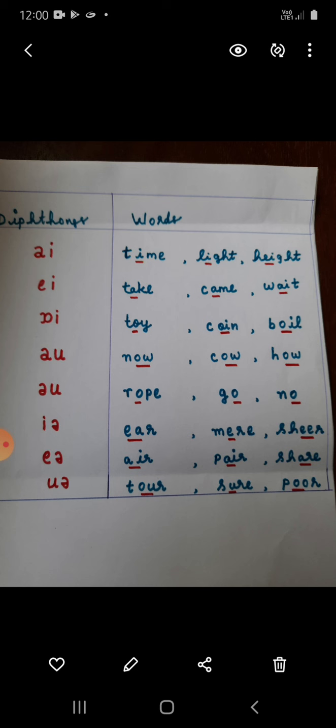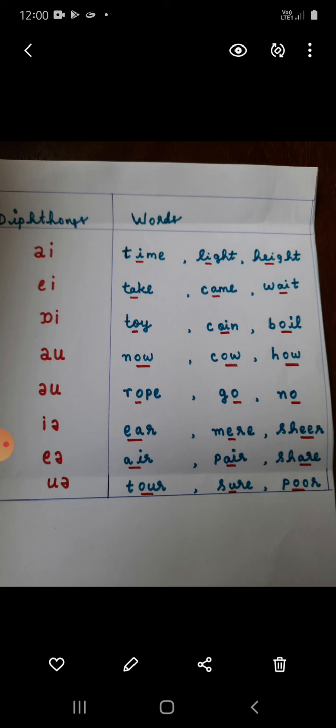Toy, T-O-Y, T plus O plus E, toy. Then coin, K plus O plus N, coin. Then another example is boil, B-O-I-L is the spelling of the word and the pronunciation is b plus I plus l, boil.